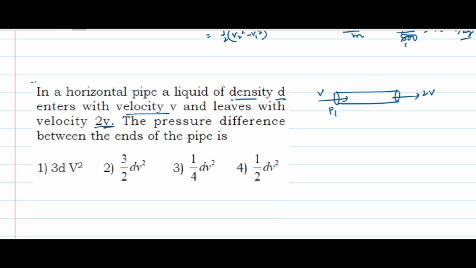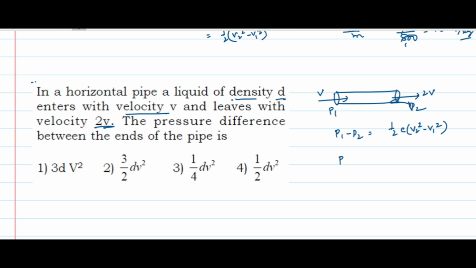Let us take P2 as the pressure at the other end. Here you can apply Bernoulli's theorem. The pressure difference between the ends of the pipe, P1 minus P2, is half into rho into V2 square minus V1 square.